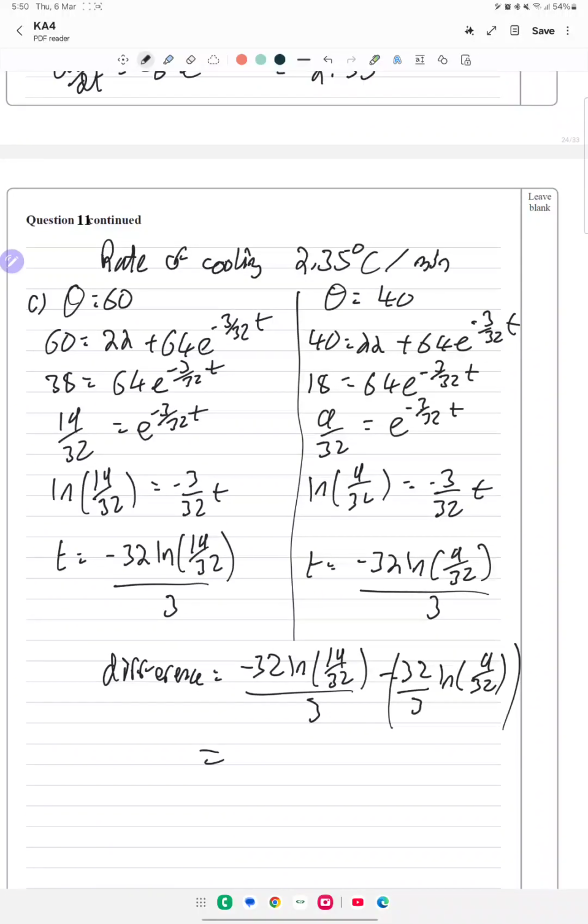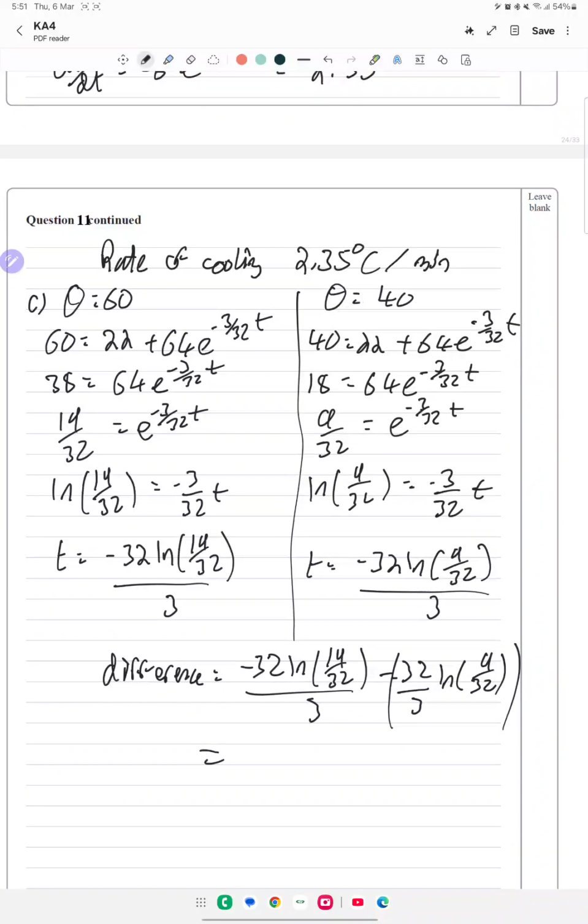Sign error coming. ln 19 over 32 and ln 9 over 32. Sorry, struggling to see my calculator.